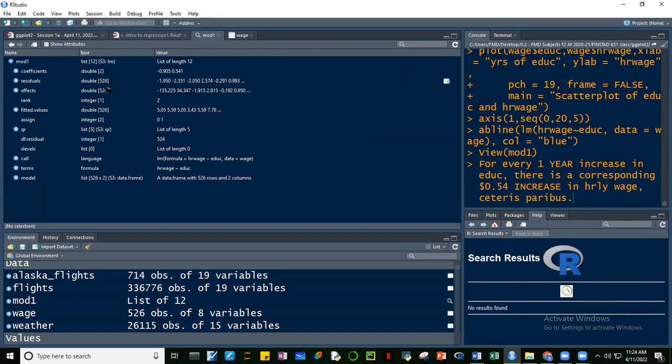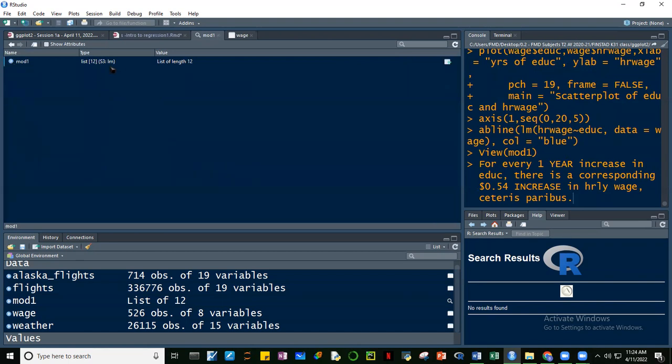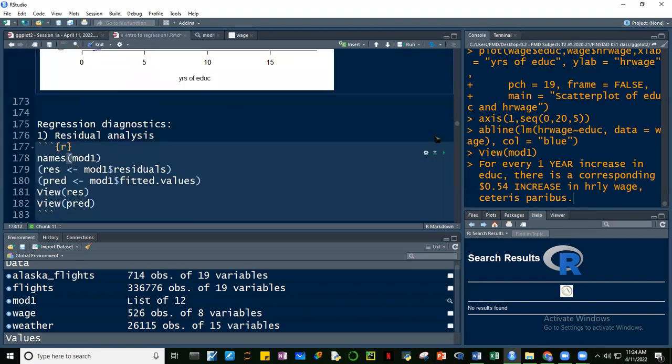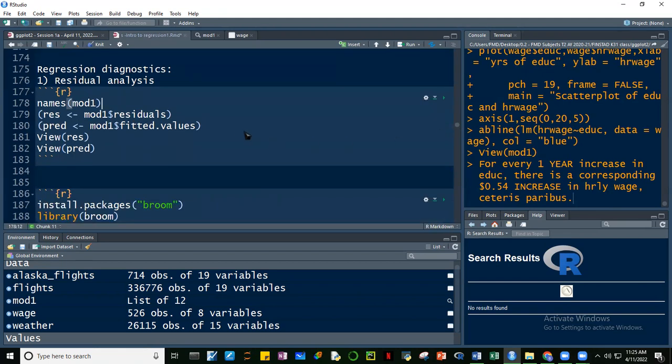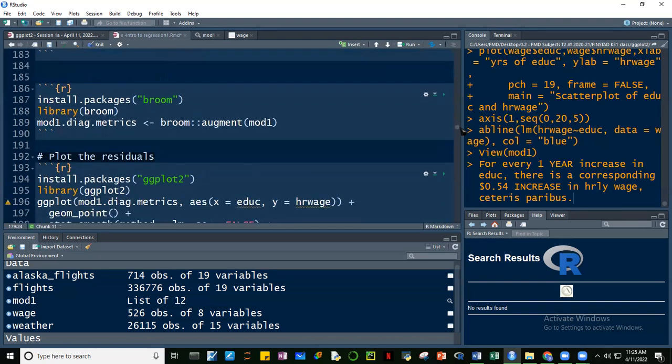Then residuals, vectors with decimal places, the rank, the fitted values, etc. So the object mod 1 contains several items, 12 of them. Some are vectors, some are also lists. So we can access the data under model 1, but I'll not do that, guys. We already did that before.